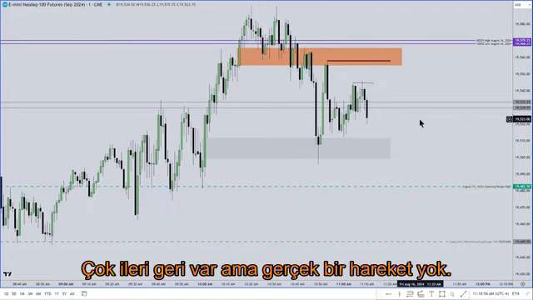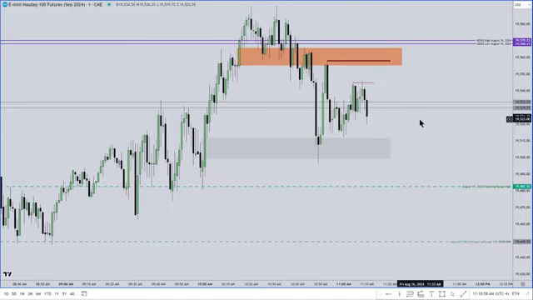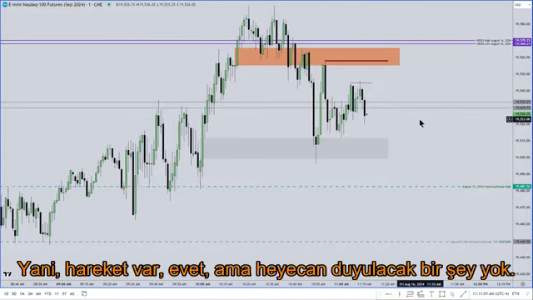A lot of back and forth, but not real movement. I mean, there's movement, yeah, but nothing to be terribly excited about.